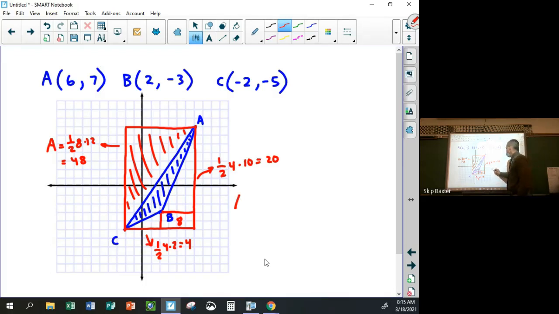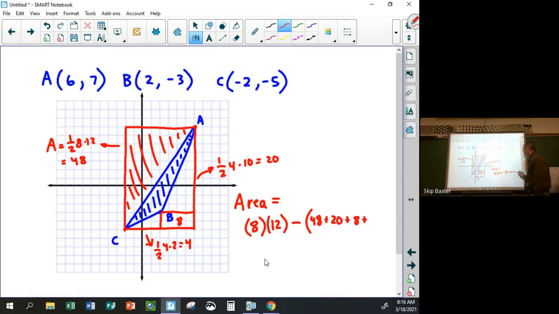So the area that we're looking for is the total rectangle, base times height, 8 times 12, minus 48 plus 20 plus 8 plus 4.